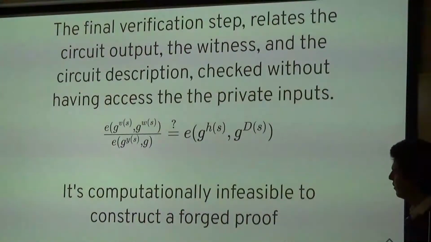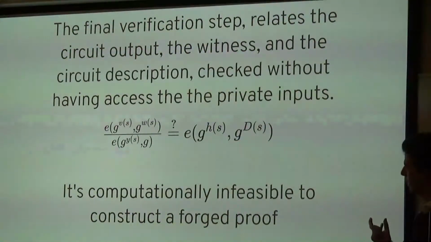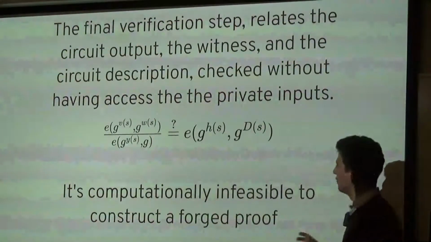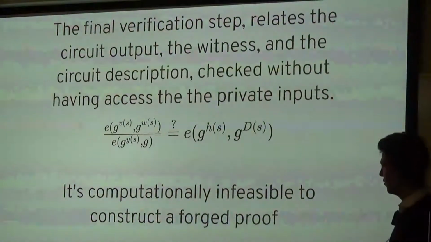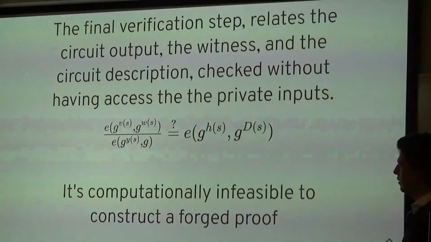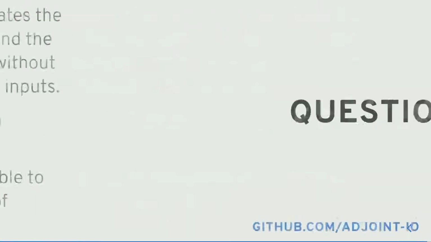The actual operation you're doing is just moving the exponents. If you look at the pairing functions that I talked about earlier, you can probably find more information about that on the internet. Yeah, but this isn't really the subject of this talk, because it's a whole thing in itself. But yes, it is computationally infeasible to construct a forged proof.